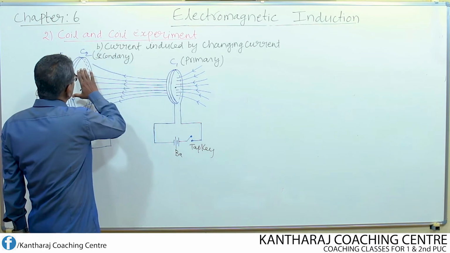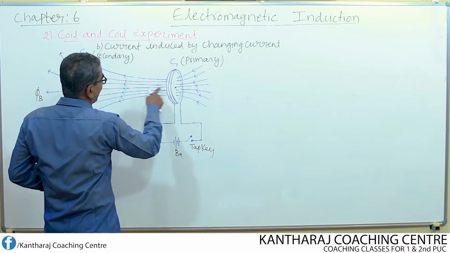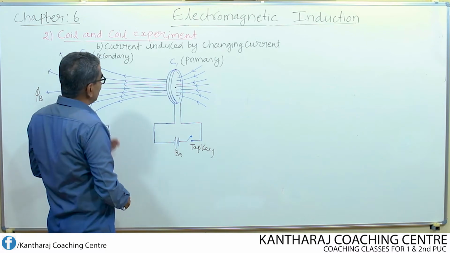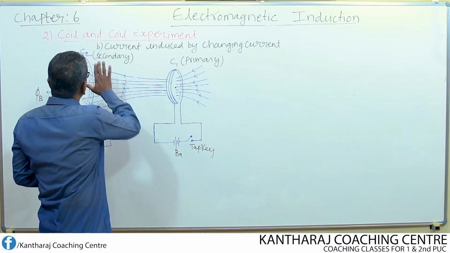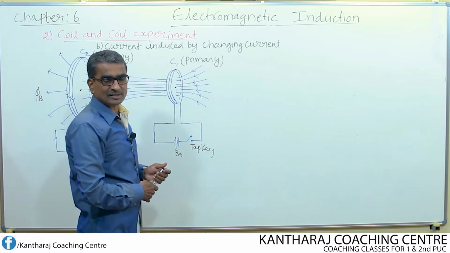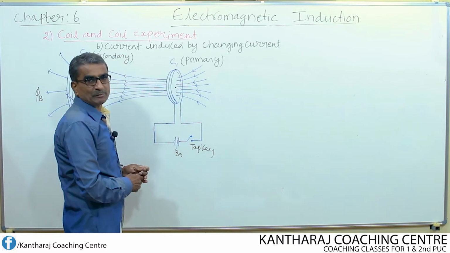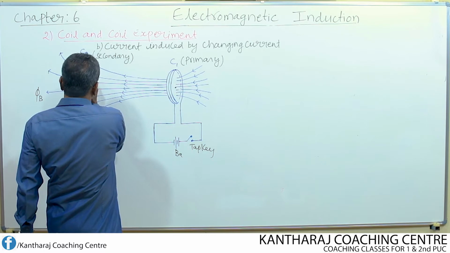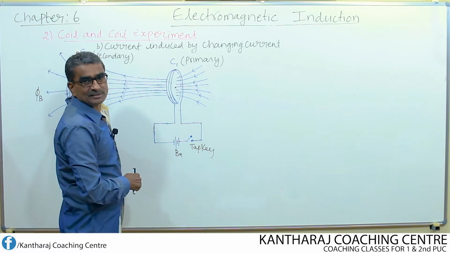Now the primary and secondary, as usual, are kept coaxially separated by certain distance. In this second part, we are going to keep both the coils at rest. Whereas in the previous experiment, we used to move C1 towards C2 by keeping C2 at rest.